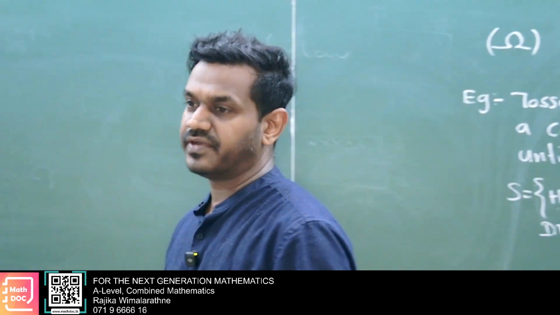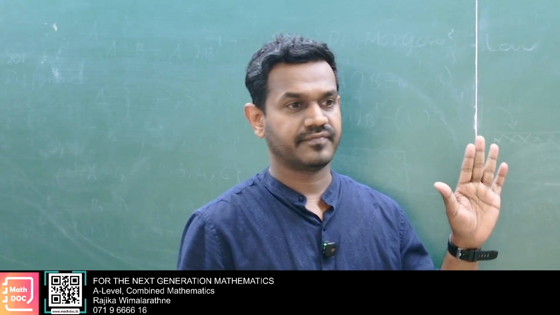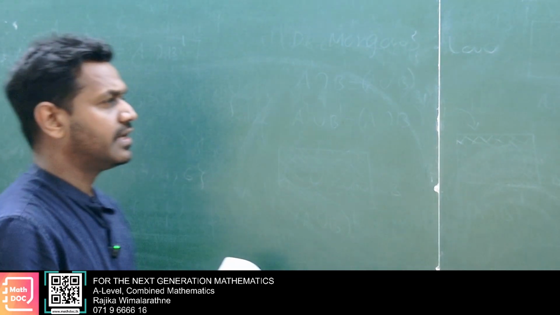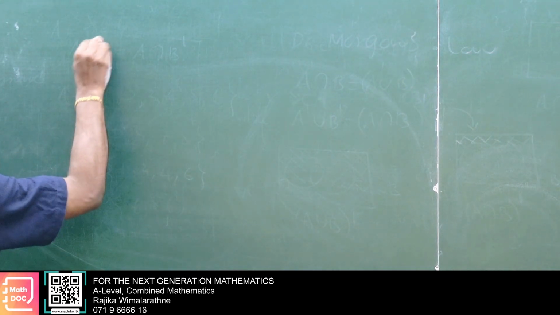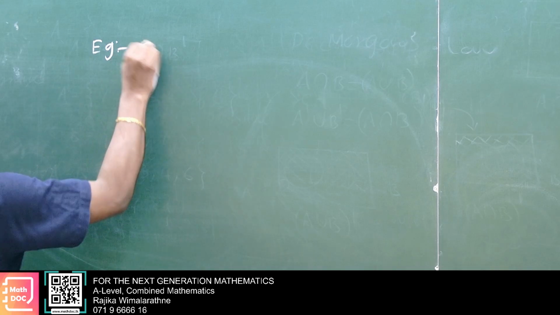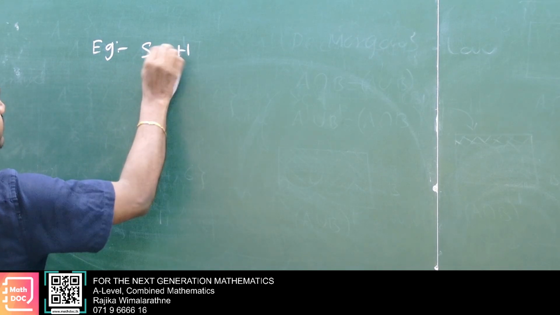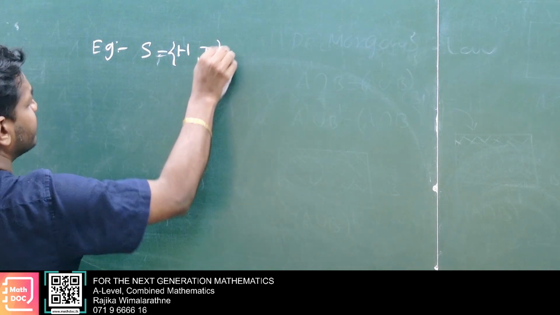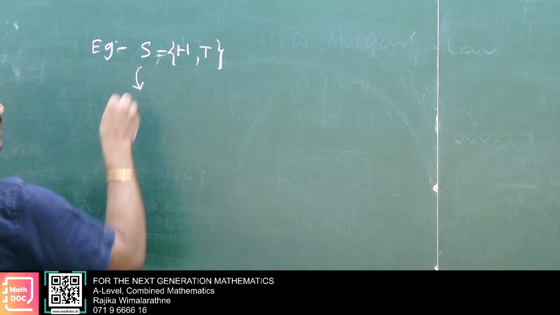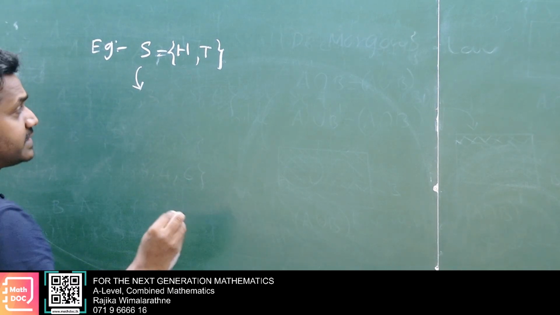First, just identify these technical terms. Now, take this example. Here the sample space is head or tail, tossing a coin. Then a subset of this we call events.